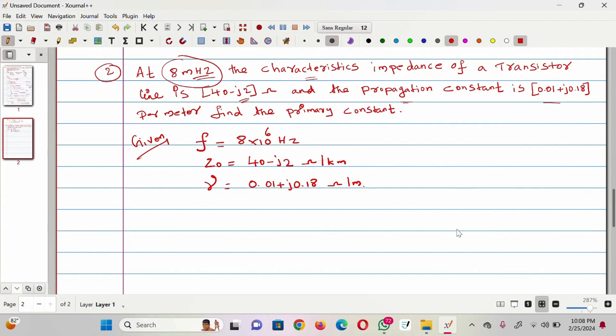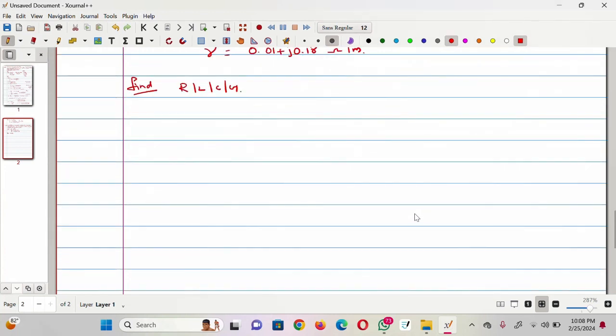But our aim is to find the primary constants R, L, C and G. These are the very important parameters we need to solve. So how is it possible to get these parameters? Already we know the formula for omega, 2 pi f. The frequency f is already given, so 2 into pi into f, with 8 megahertz, that is 8 into 10 to the power of 6.